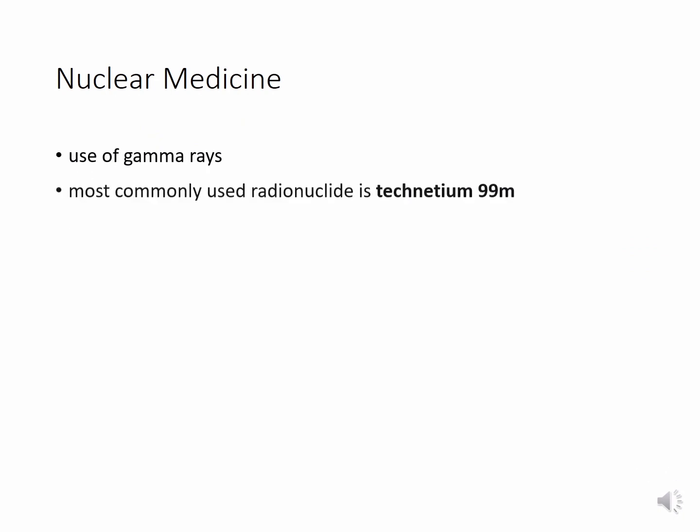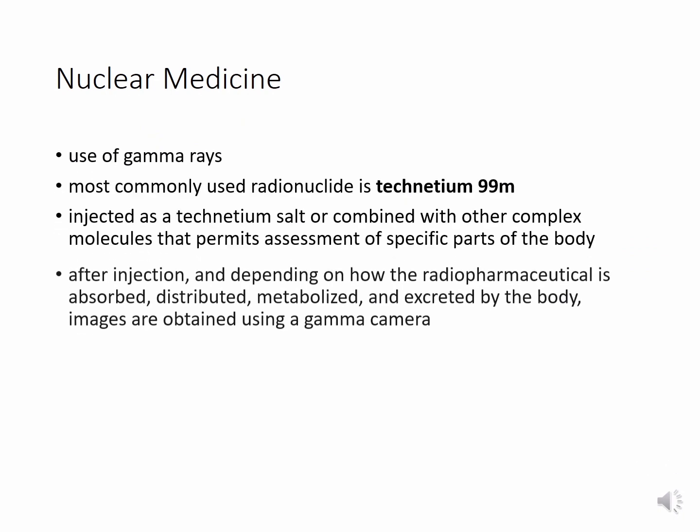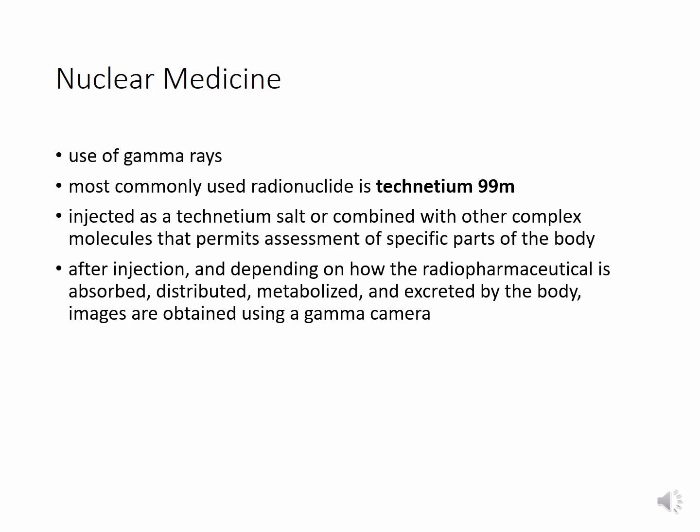Nuclear medicine studies provide high functional resolution and provide physiologic and functional information not otherwise available in radiographic, ultrasonographic, and MR studies. So it involves the use of gamma rays, which, if you can recall from the earlier slides, are on the higher energy end of the electromagnetic radiation spectrum.